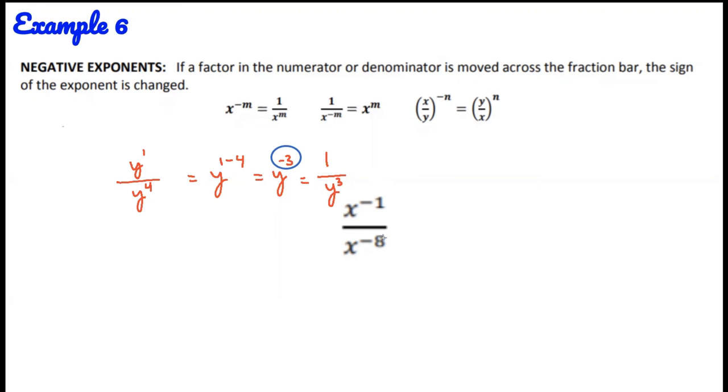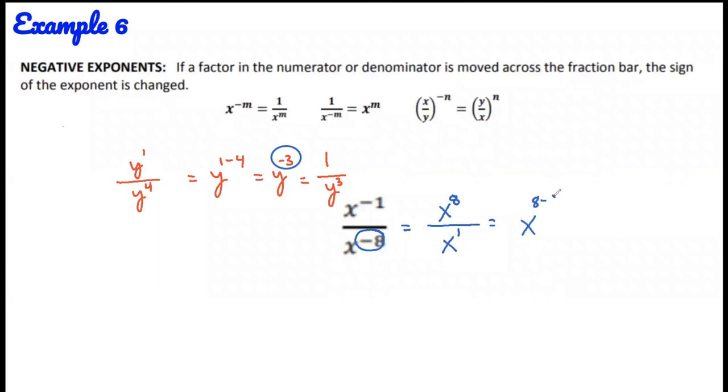So very similar to this, in order for us to solve this one, yes, we can go ahead and apply the quotient rule and see if we get a positive value, or we can automatically make this exponent happy by switching it to the top, our numerator, and make this exponent happy by switching the term to the bottom. And then applying the quotient rule, obviously, because they have the same base.